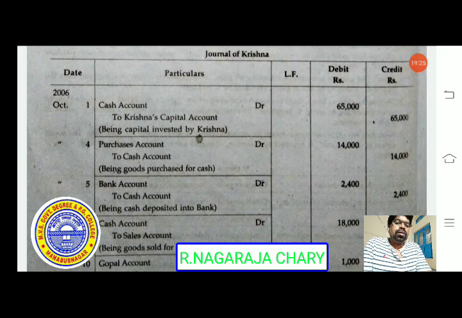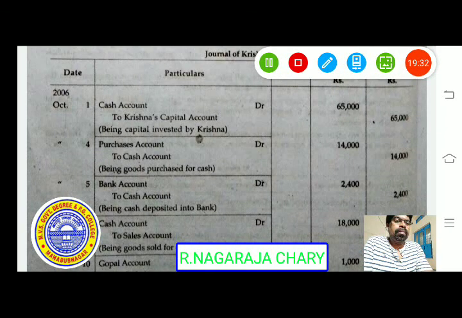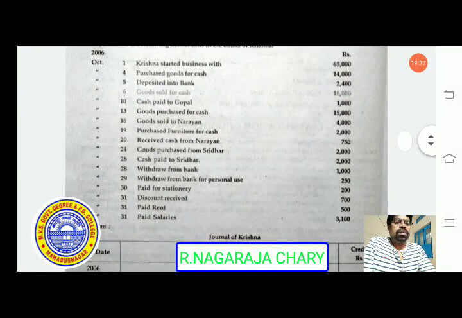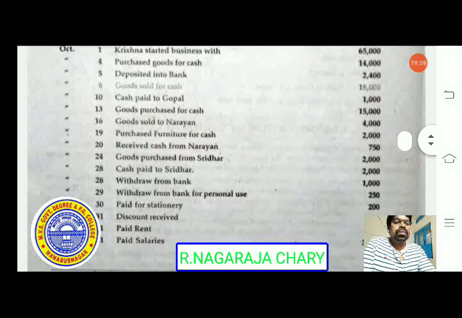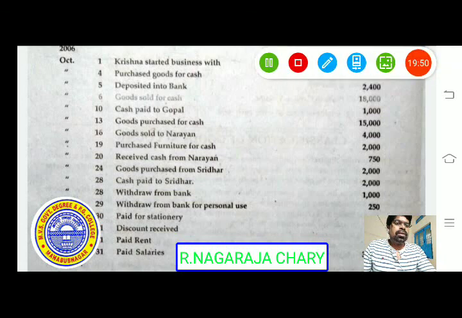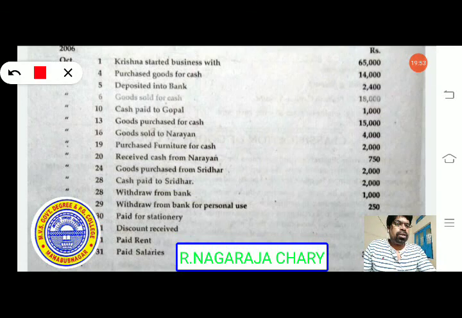So, first, each and every student has to understand there are two aspects in a monetary transaction, one is the debit aspect, another one is the credit aspect.